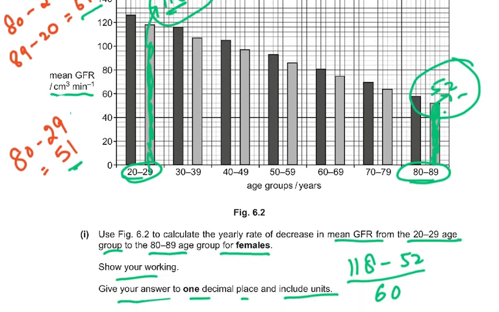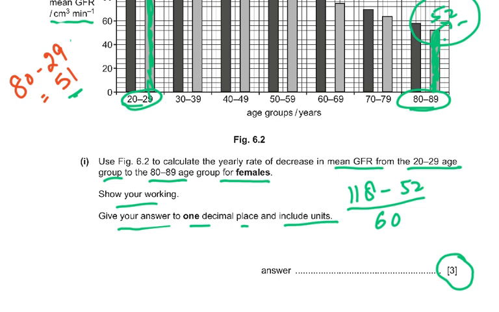But that wasn't the situation. The question was, what units are you going to give me? And that was the important thing. So you had to give me the units in centimeter cubed per minute, and you have to give me per year.